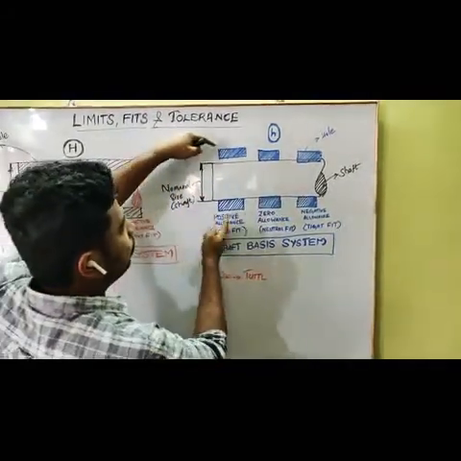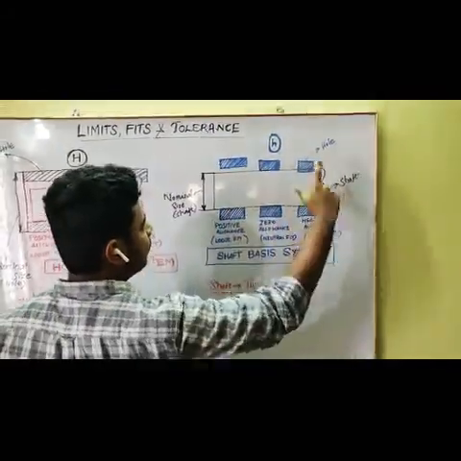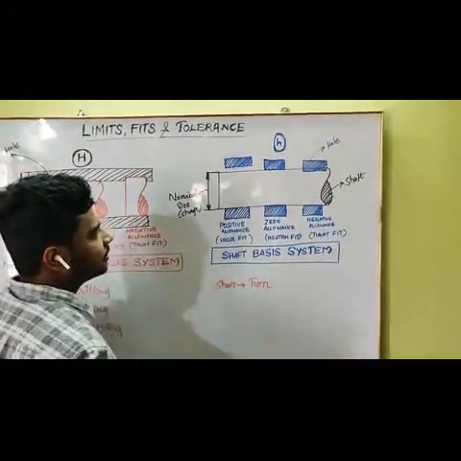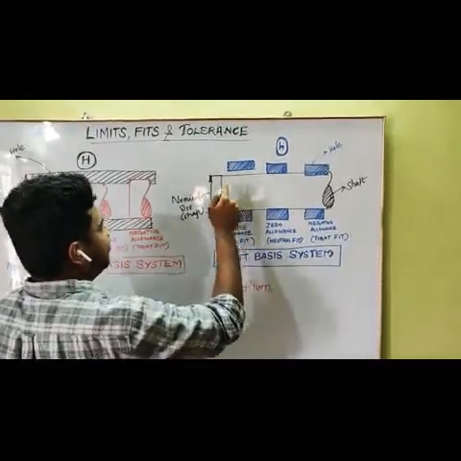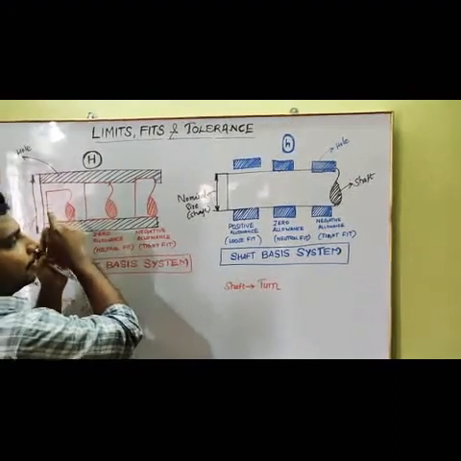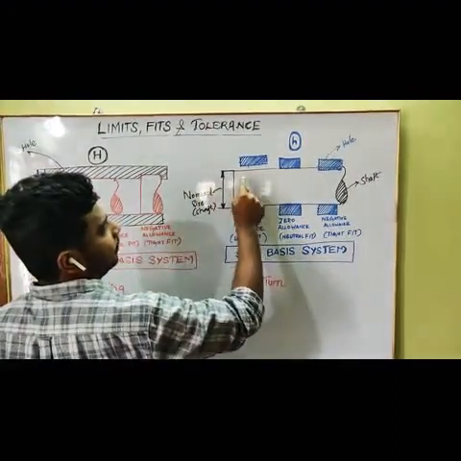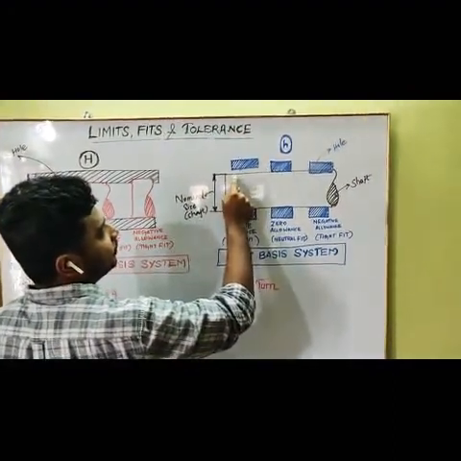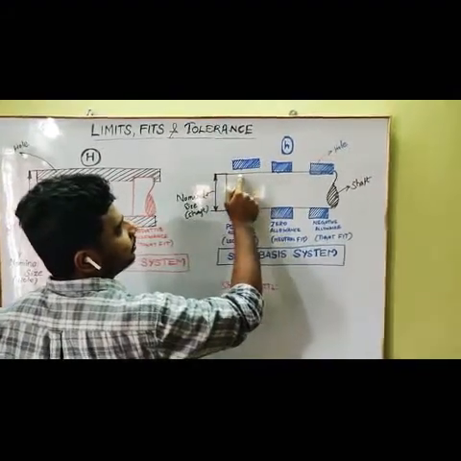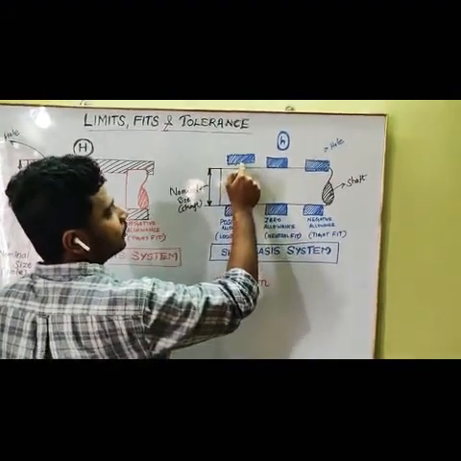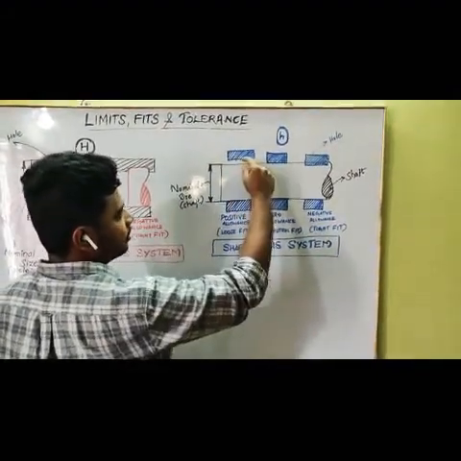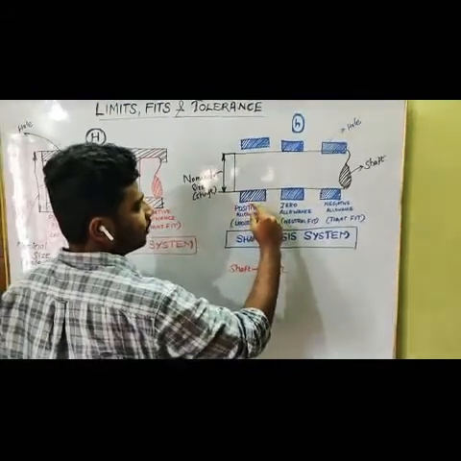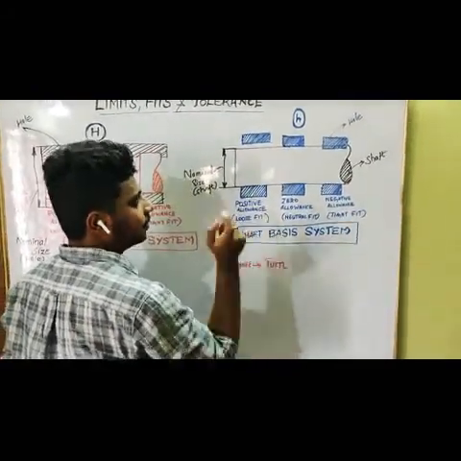So this is hole 1, hole 2 and hole 3. There are 3 holes. The first hole has a gap between the upper deviation of the shaft and the lower deviation of the hole. That gap is positive, that kind of allowance is a positive allowance, and it comes under loose fit.